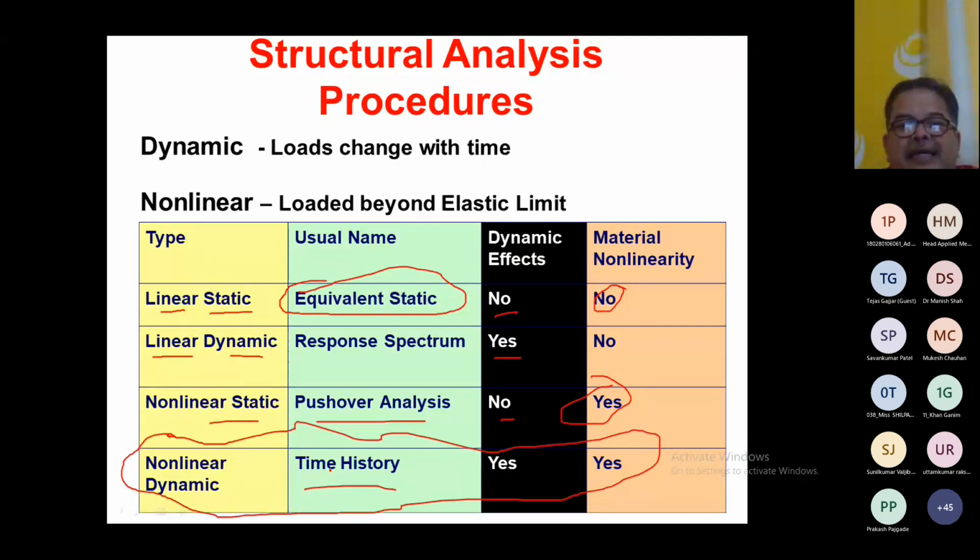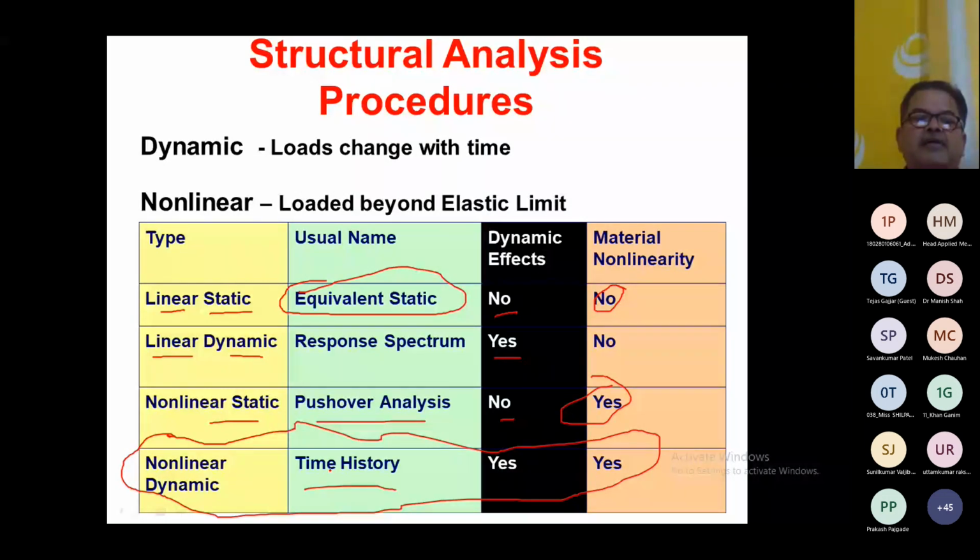So if we go for linear static, like equivalent static analysis, it will be a very fast and very easy method, right? But at the same time, if you follow dynamic analysis versus static analysis, there is a difference. When we go for static analysis, it is always conservative.